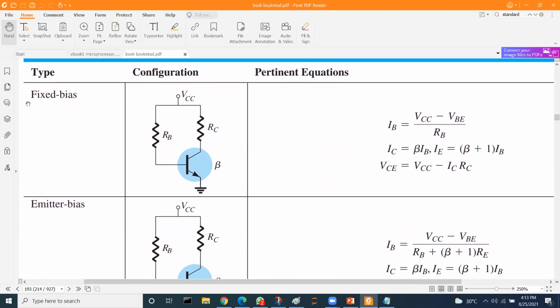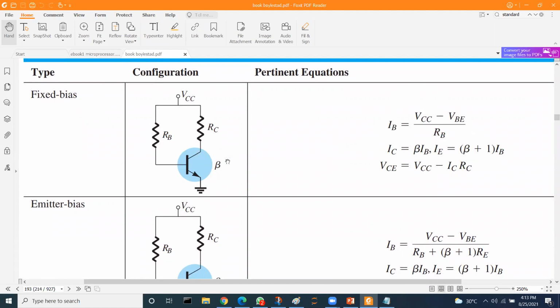So the fixed bias configuration, it looks like this circuit in which we have two resistances and a transistor, and the following equations primarily we use to find out the base current, the collector current, and the potential difference between the collector and emitter terminal.